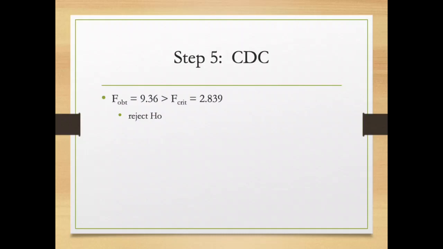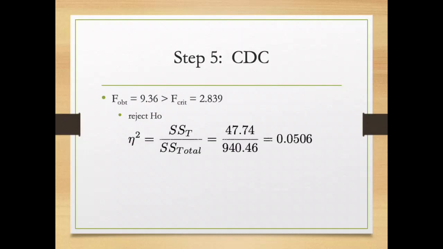And we should now calculate eta square, which is calculated as the sum of squares for treatment divided by the total sum of squares. Wait a minute, that's exactly the same as the eta square for the independent groups ANOVA. How is it that the effect is now statistically significant, but the effect size is the same?